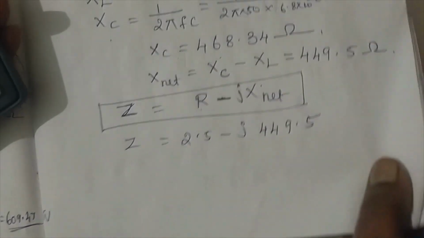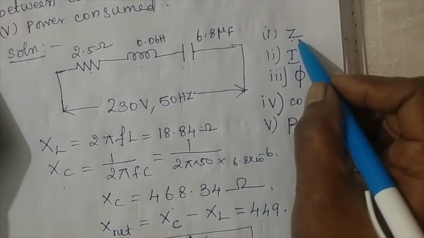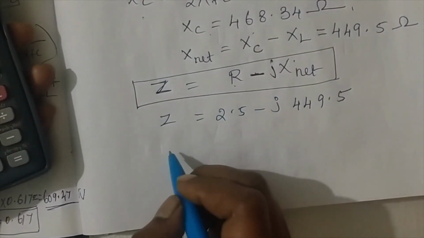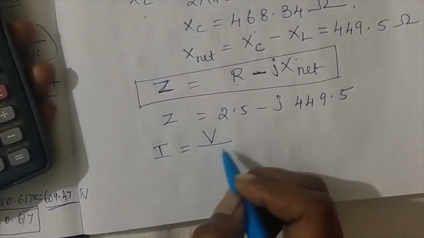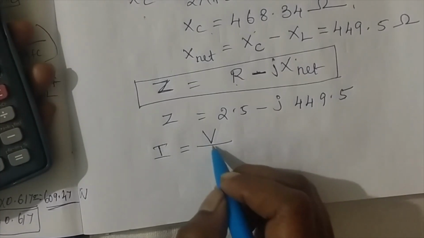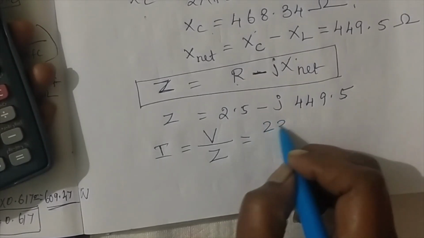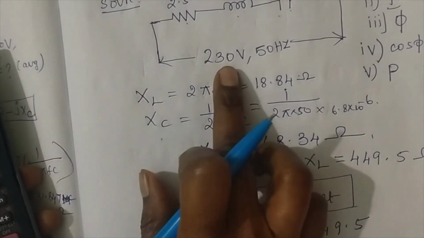Okay, now in our problem, the first thing we should find is the impedance. Yes, we found it. And the second one is we should find the current. So to find the current, the value is equal to voltage divided by impedance, Ohm's law. The voltage is 230. It is given in our problem as 230, but there is no angle.